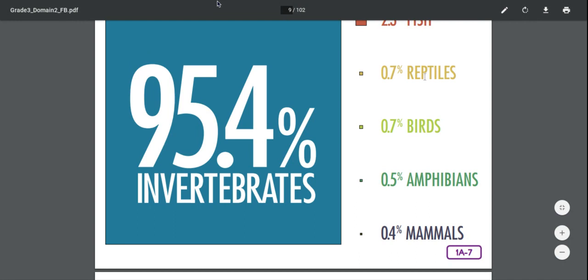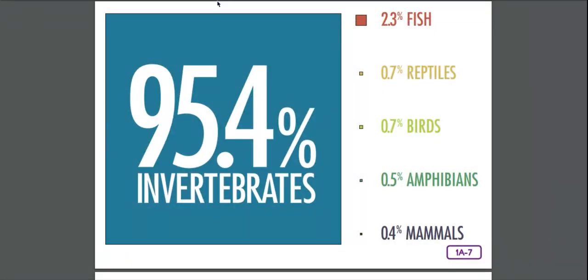Fish have backbones, reptiles have backbones, birds have backbones, amphibians have backbones, and mammals have backbones. They're all vertebrates. That means that you and I and all vertebrates belong to a very small percentage of all the animals on Earth. Mammals, that includes all of humans, are literally just a little speck.